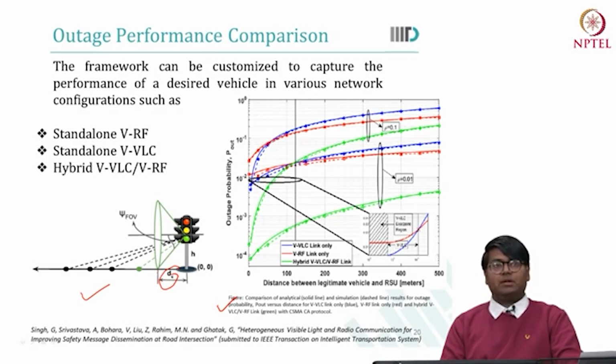Actually, I am discussing a region over here. There is a very small region where this vehicular VLC becomes unoperationable. That critical distance is the distance below which your vehicular VLC becomes unoperationable, and the region is what we call the dead zone region.